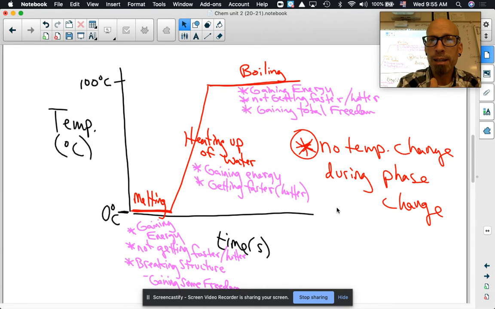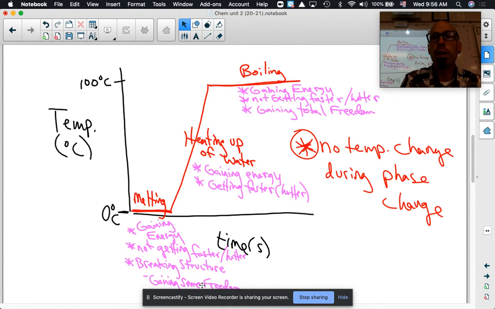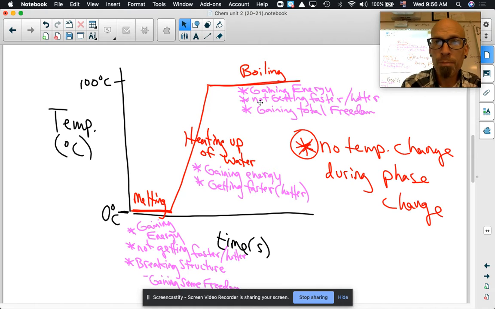They're gaining energy the whole time. Sometimes, like during a phase change, the energy they're gaining is giving them freedom for the structure of the solid falling apart. Or, in the case of boiling, it's giving the liquid particles total freedom where they get huge separation.